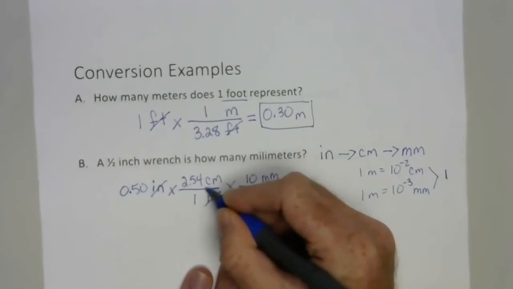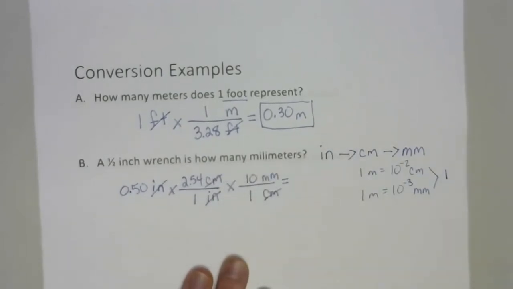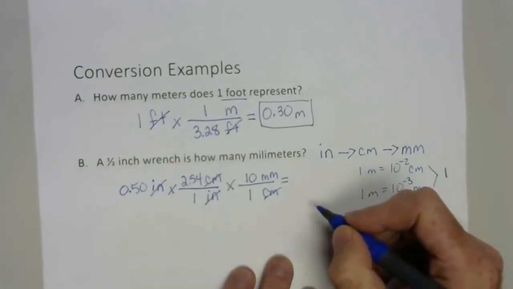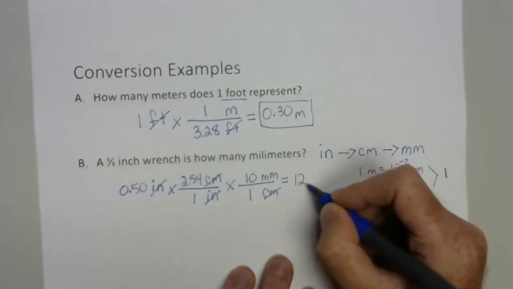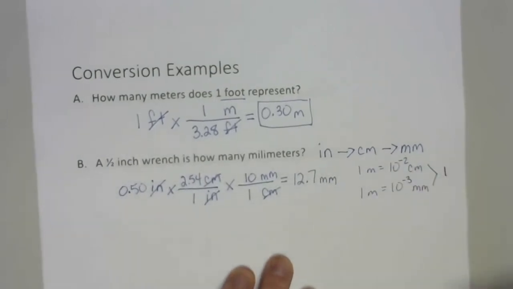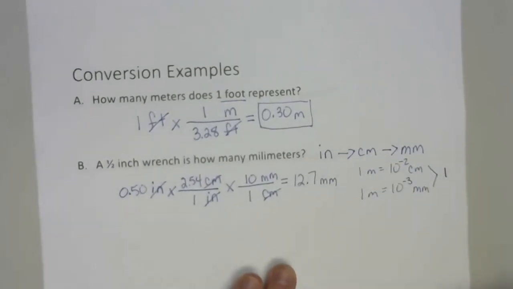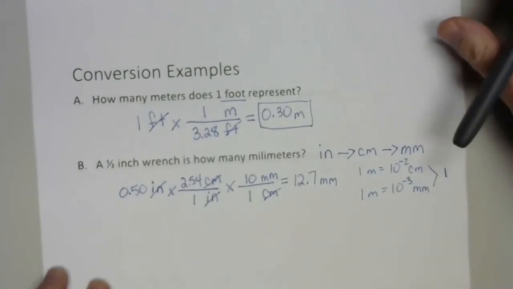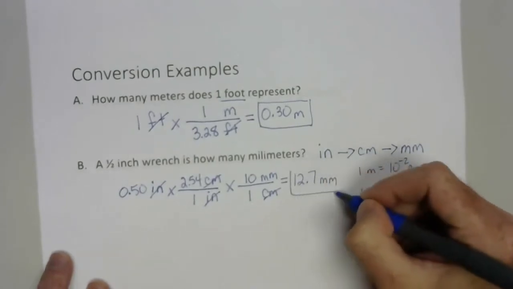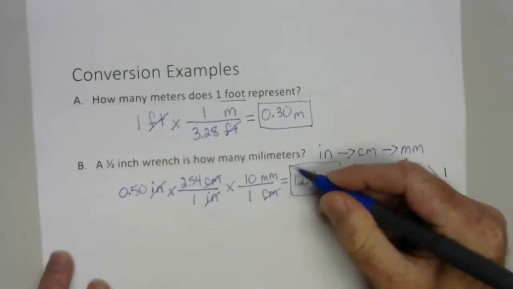The centimeters cancel, leave me with millimeters. So again, run that through your calculator, and you get 12.7 millimeters. So not quite 12, not quite 13. And that's why the English and the metric wrenches don't measure up, because they're not going to be quite the same size. But the 12.7 is your answer.